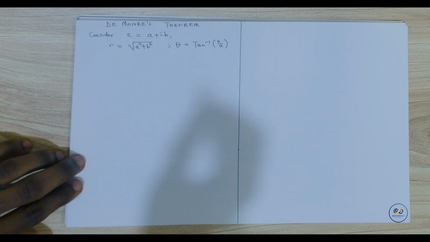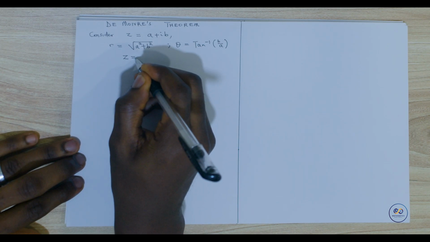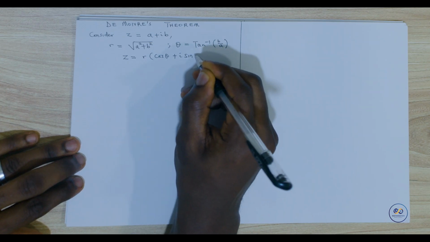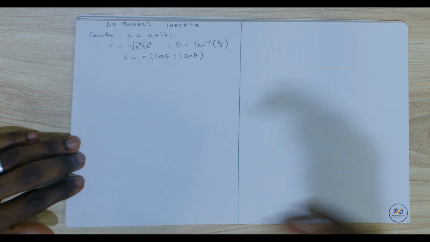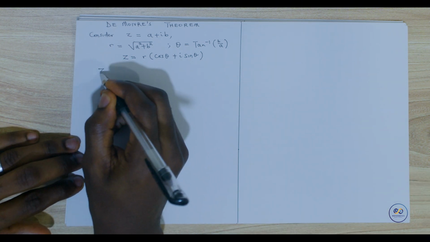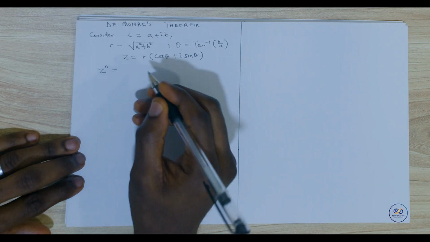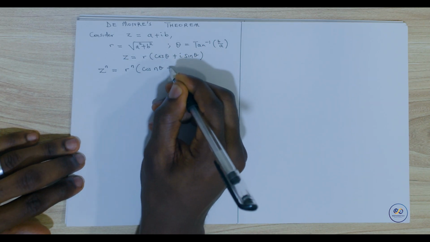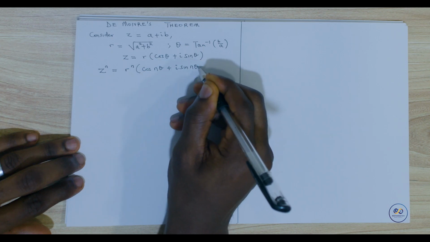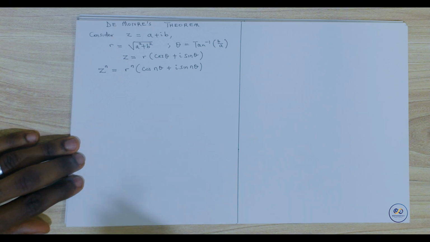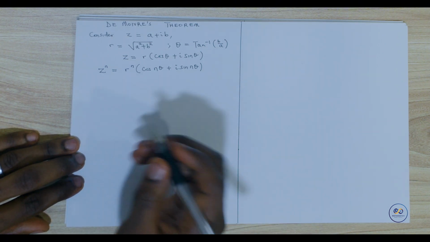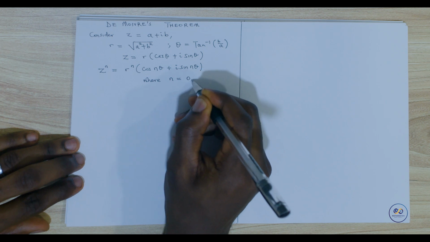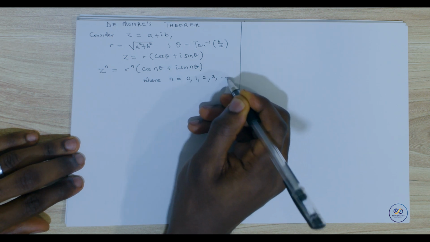In fact, it tells us that if the basic complex number is r cos theta plus i sin theta, then when we continually multiply it by itself, the power of that complex number can now be represented as r raised to the power of n into cos n theta plus i sin n theta, where of course n is equal to 0, 1, 2, 3, and so on.